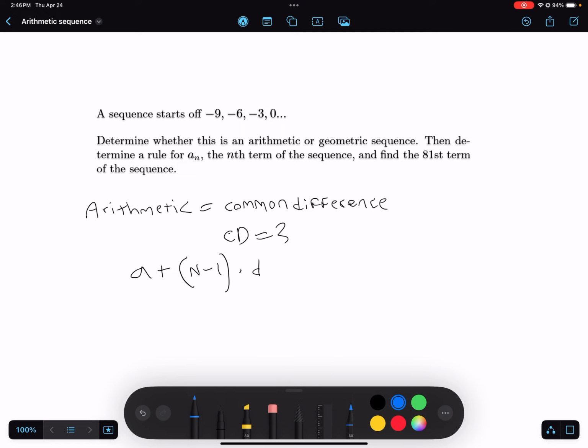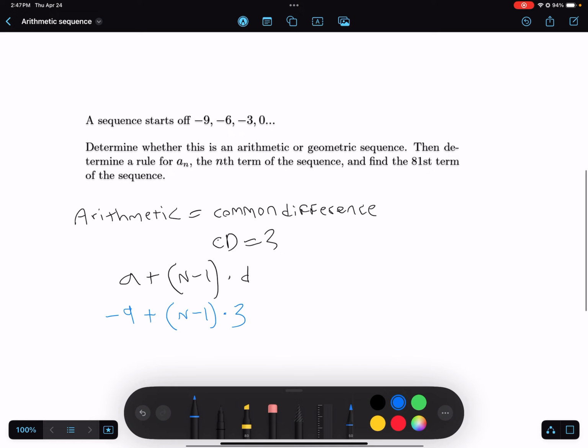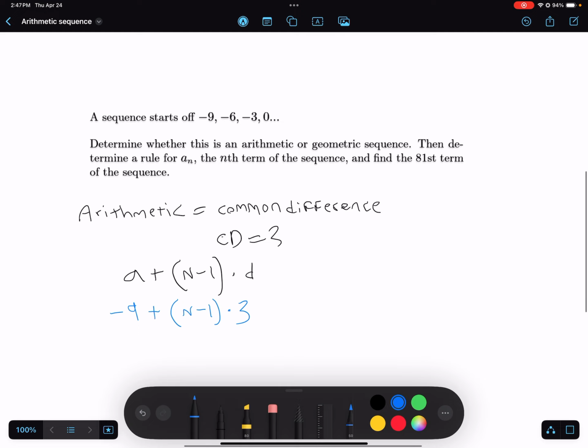It becomes -9 plus n minus 1 times 3. And this is our rule for the nth term of the sequence, because that's the general form of the nth term of any arithmetic sequence.